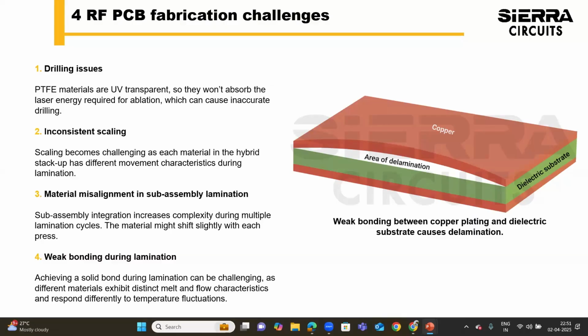Also, scaling becomes challenging as each material in the hybrid stack-up has different movement characteristics during the lamination process. We have also seen that sub-assembly integration increases complexity during multiple lamination cycles, and the material might shift slightly with each press. Achieving a solid bond during lamination can also be difficult as different materials have distinct melt or flow characteristics and respond differently to temperature fluctuations.